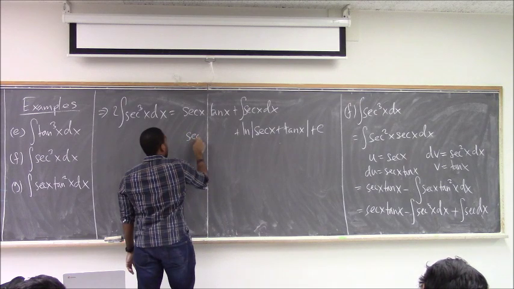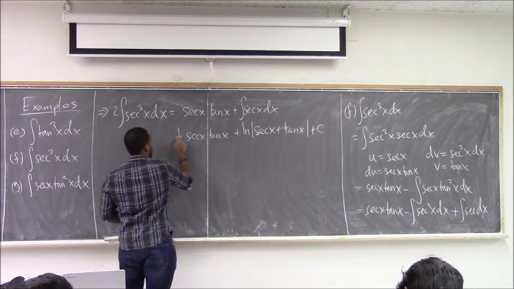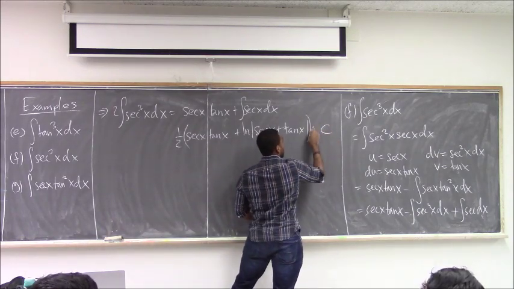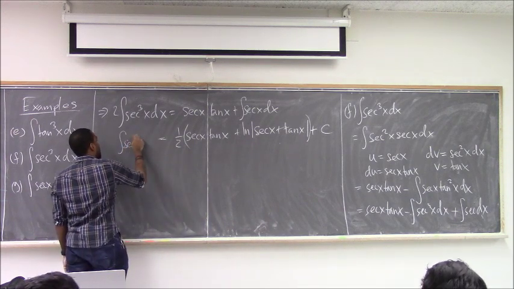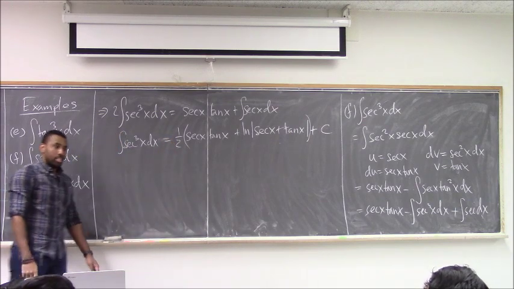This is secant x tan x. And if I want to solve for this integral, I'm just going to divide both sides by 2. Plus c. And that's it. That's the correct answer.